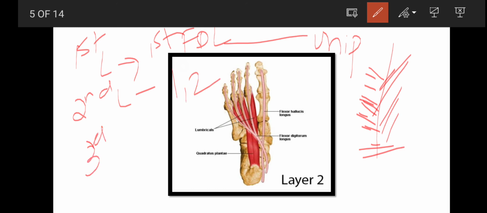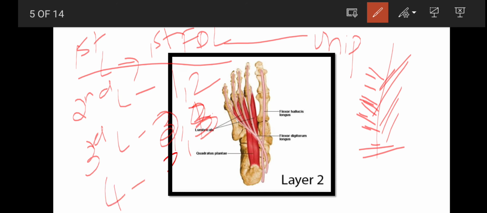Sorry, the first one is from the first tendon. Second lumbrical is first and second. Then the third lumbrical is second and third. Then the fourth lumbrical is third and fourth. First and second, second and third, then third and fourth. That is how the lumbricals arise.